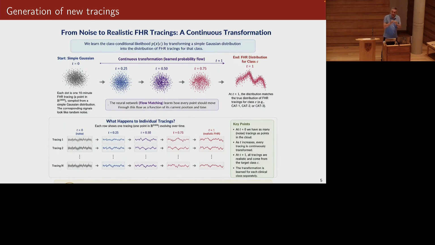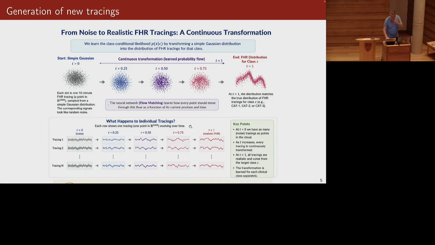Then you pick your point in the cloud, and you start moving it to the right, and you end up with a sequence that represents a fetal heart rate segment. So in training, we are given a number of such segments, and during training, the neural network learns how to actually go from left to right.